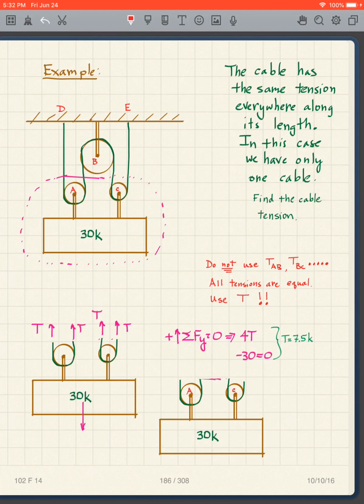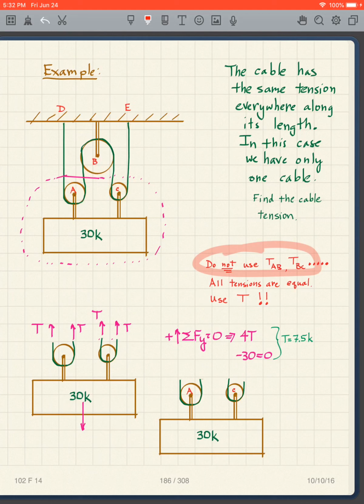What do I get? Well, that's what I get. And where have I made my cuts? Well, I made a cut here, I made a cut there, I made a cut there, made a cut there. So the method is I have to put a force or forces everywhere I made a cut. Well, it's one cable, so I do not use TAB, TBC, or TAD or TAE or whatever, because it's one cable.